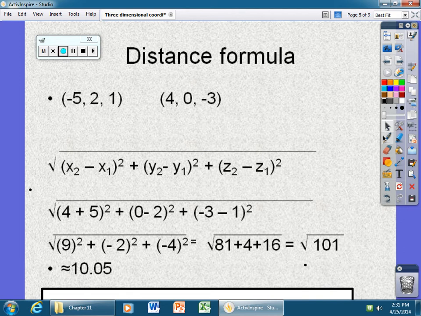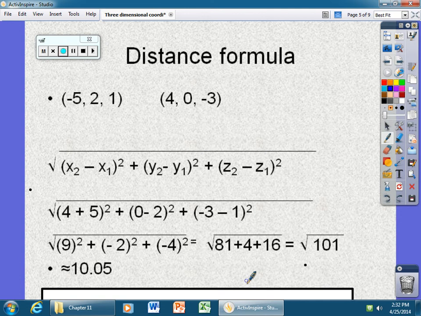So if you notice right here, I've put in my 4 minus -5, which makes it 4 plus 5. Then I do the y, 0 minus 2. And then I do the z, -3 minus 1. I do all the calculations that I need to do. And remember, if you are trying to square a negative number, you need to put that negative number in parentheses before you square it.